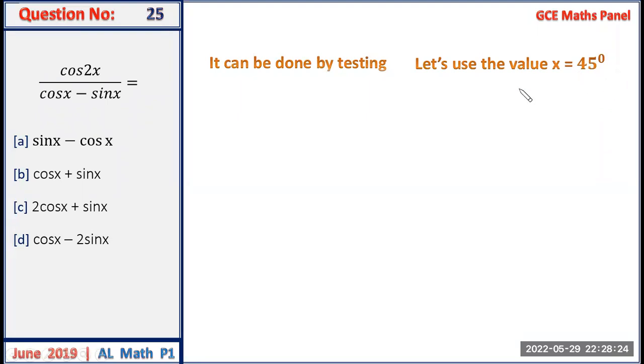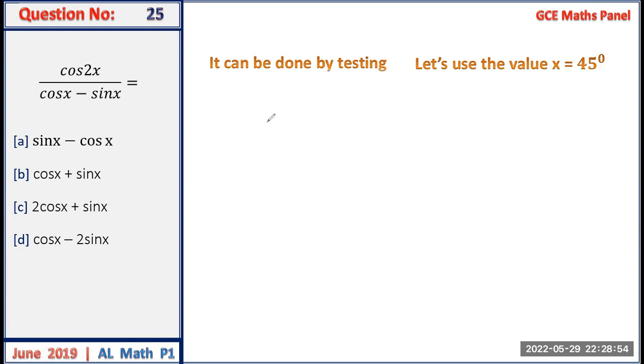Sir, please, if you use the method, since cos 2x is equal to cos squared x minus sin squared x, and it can be expressed like a difference of two squares, which would be one bracket will contain sin x plus cos x times cos x minus sin x, and then now one of that will cancel with the other to give b as the answer.